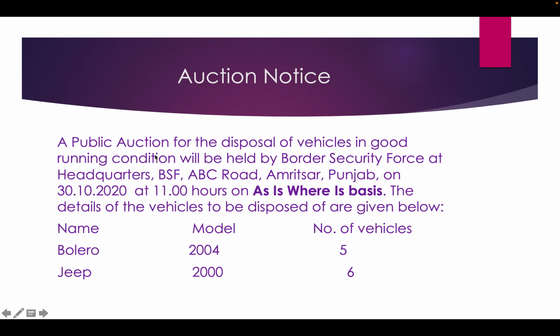So, a public auction, with P and A in capitals, for the disposal of vehicles, we must mention the condition of the vehicles: in good running condition. That has to be mentioned, because the vehicles can be almost given out like scrap if they are not working properly, right?